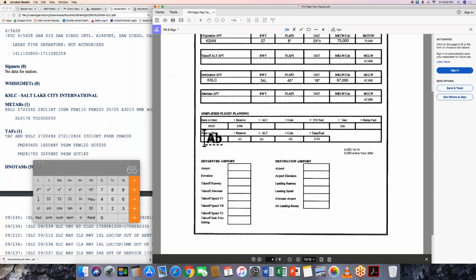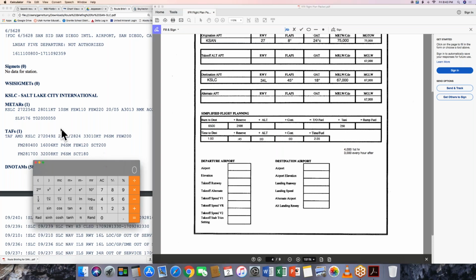So burn to the destination, and then our reserves are already calculated for us, right? I showed you how that's done. They just took the 3,000 pounds, divided it by our 60 minutes, and then we multiplied that by 50. That gives us 25, which is 45 minutes. 2,500 pounds equals 45 minutes.